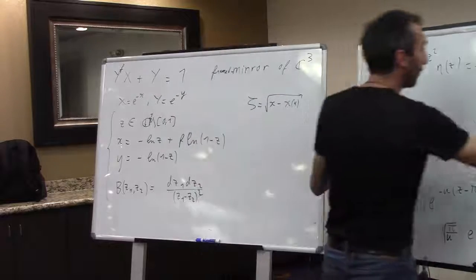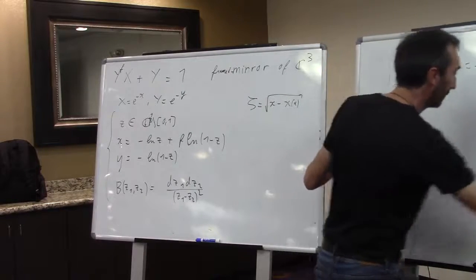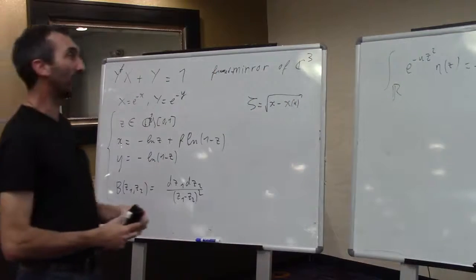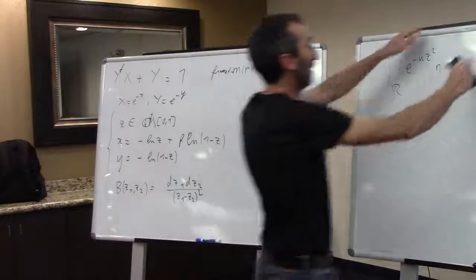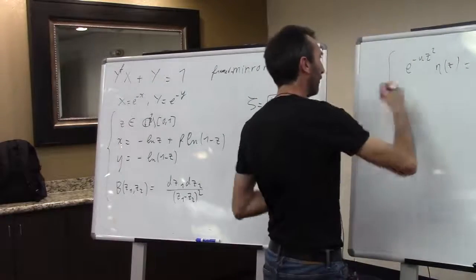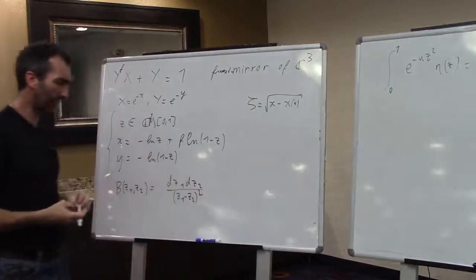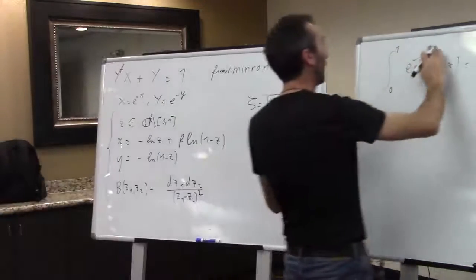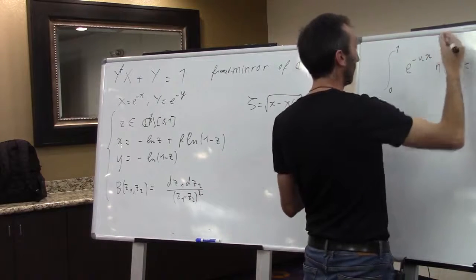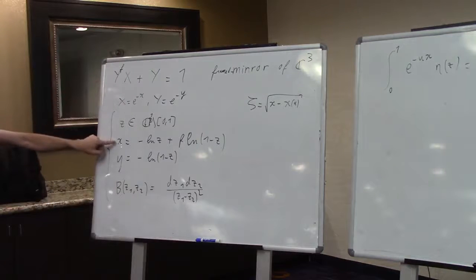Let me redo the same computation as before about the times here. In fact, it will not be R, but I think 0 to 1. And sorry, it's not z squared, now it's x, where x is given by this formula.